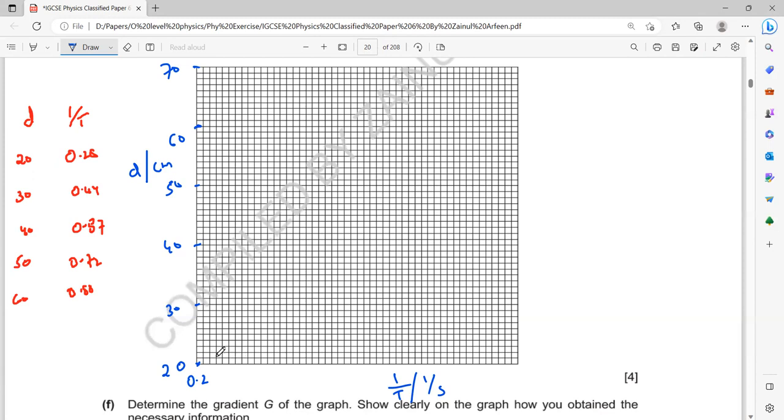So 0.2, after 5 boxes, 0.3, after 5 boxes, 0.4, 0.5, 0.6, 0.7, and 0.8. I should cover about 70% of the axis.